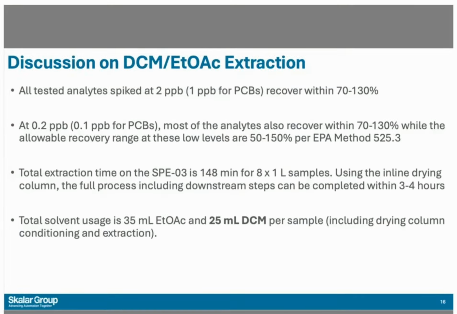The extraction time is 148 minutes. With the full workflow, it's within 4 hours. And the total solvent usage is 35 milliliters ethyl acetate and 25 milliliters DCM per sample.